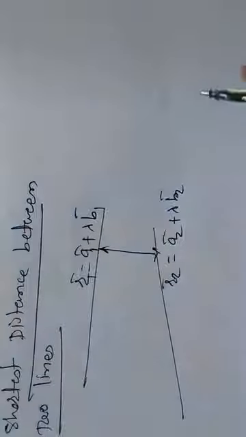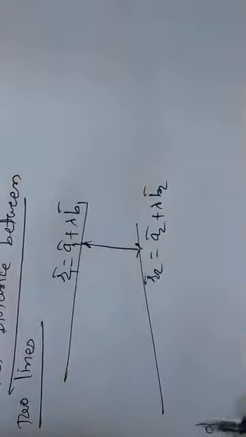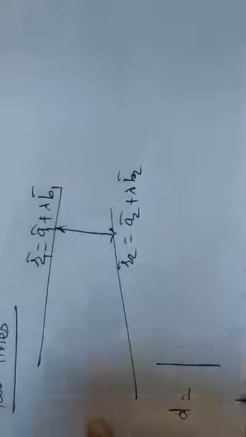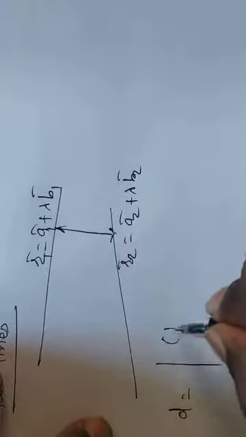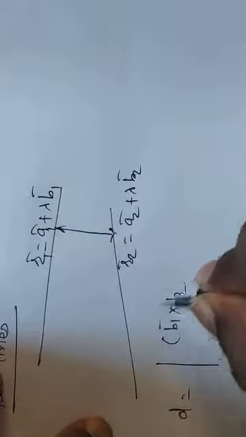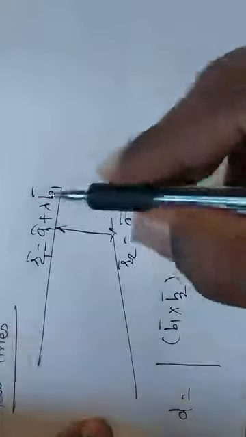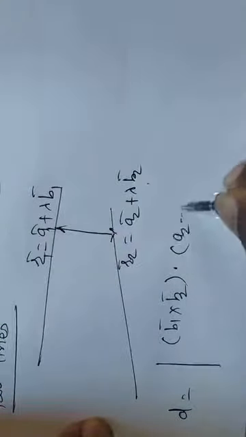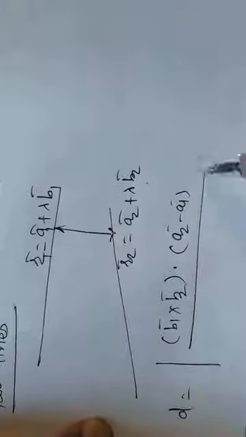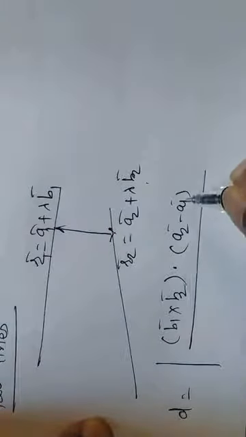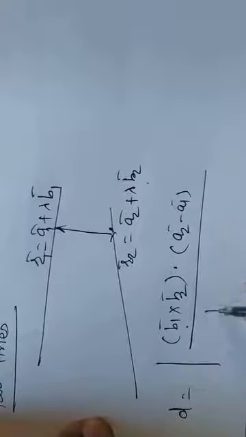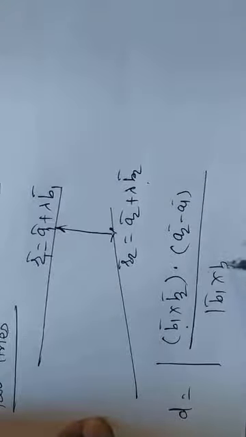Then the distance formula is the modulus of (b1 cross b2) dot (a2 minus a1), upon the magnitude of b1 cross b2. We take the cross product of their parallel vectors, then dot it with the subtraction of their points, a2 minus a1.